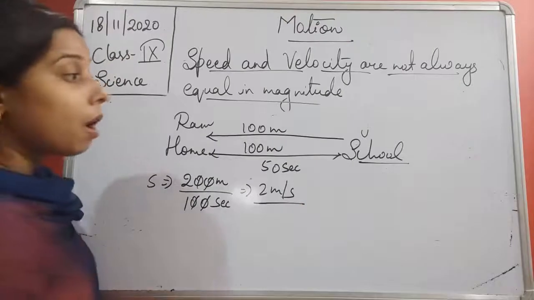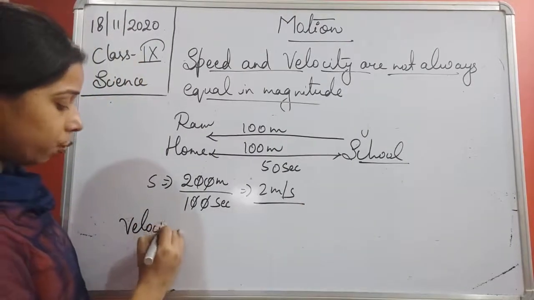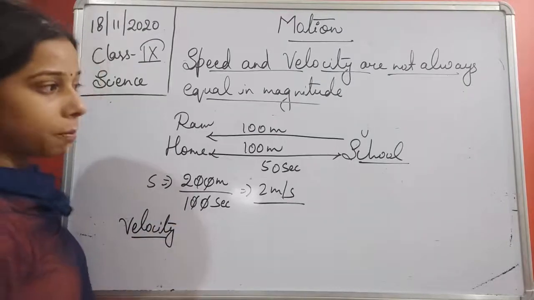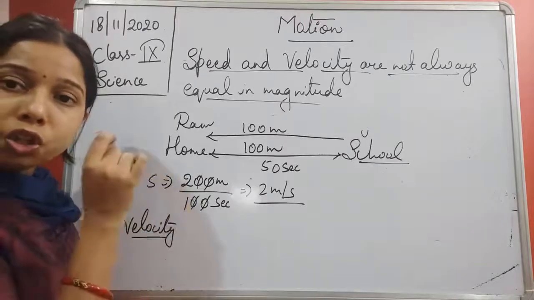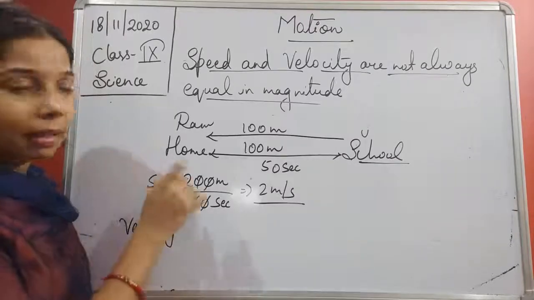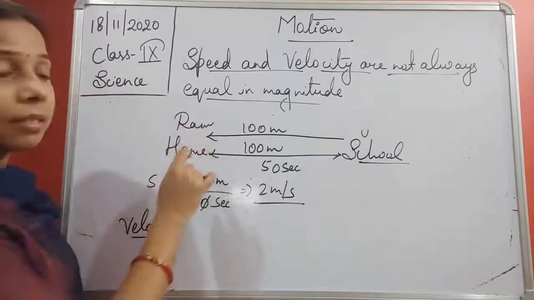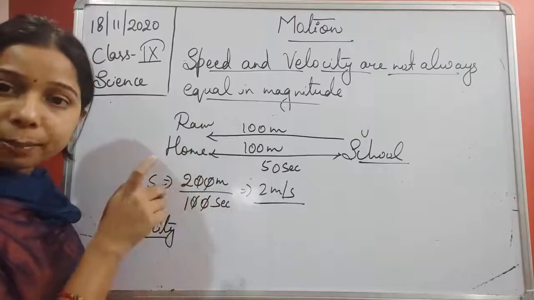Right? But if we talk about the case of velocity, students, it is displacement upon time, and the displacement is the shortest distance between the initial and final position of the person or object. And here the displacement is 0 because there is no difference between the initial and the final position.